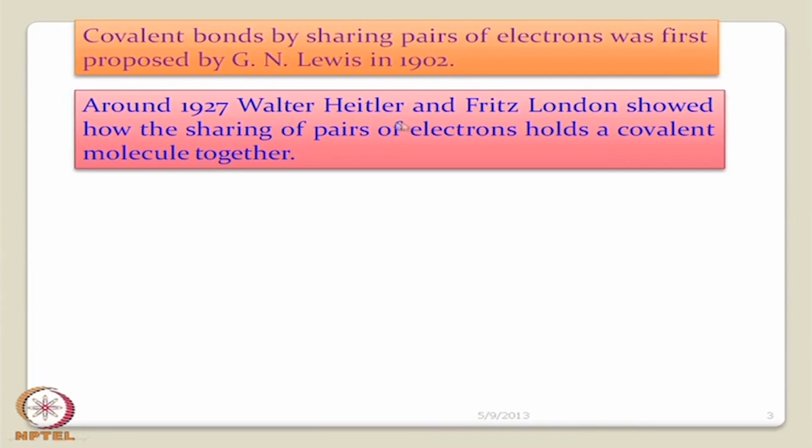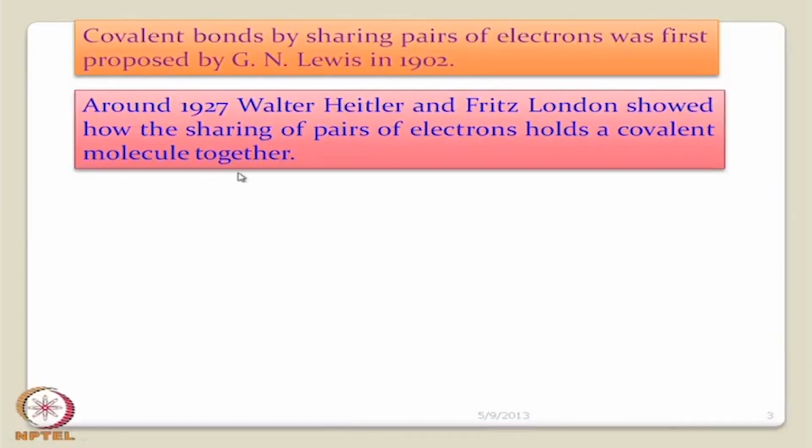But Walter Heitler and Fritz London, around 1927, showed that the sharing of pairs of electrons holds a covalent molecule together. So this sharing is very important, and when the sharing is taking place, we have the entire molecule and we don't have the atoms separately.